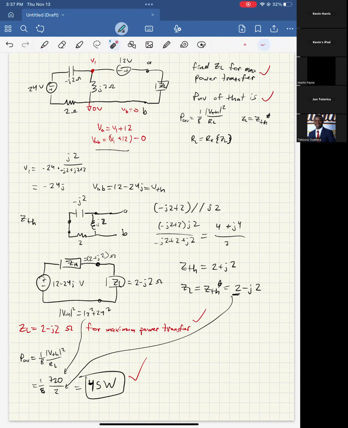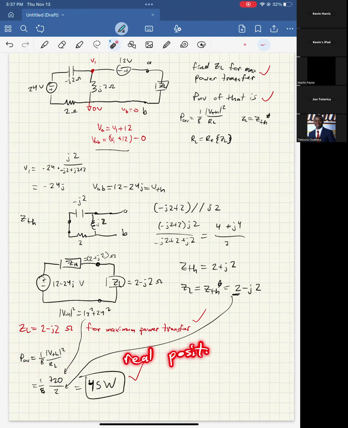Taking a step back, one thing I want to emphasize is that for questions that are asking for the max power transfer, the goal from a broader perspective is to maximize the P average. You're not maximizing S, you're maximizing the P average. When you do that, you should always end up with a P average with this equation that is real and positive.